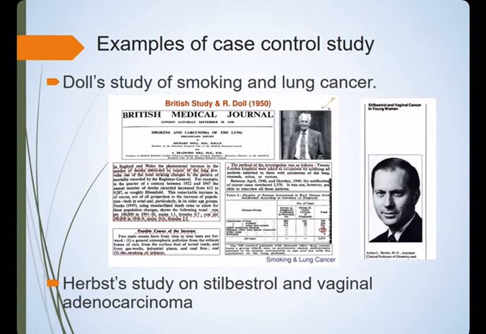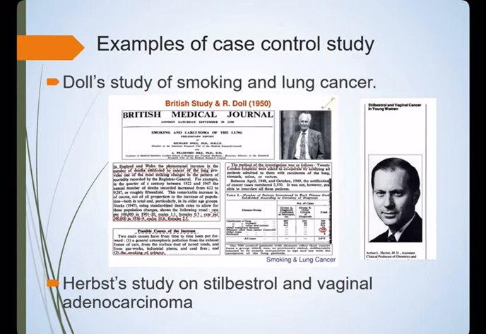So we would like to compare the odds of smoking among lung cancer cases with the odds of smoking among controls without cancer. And in their study, those controls without cancer could be diagnosed with other diseases.